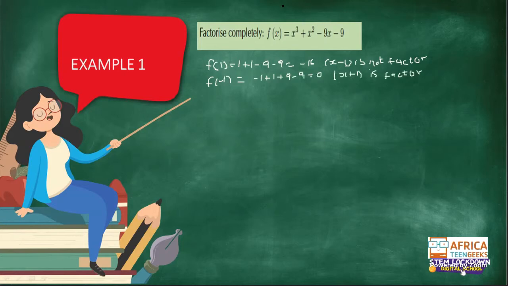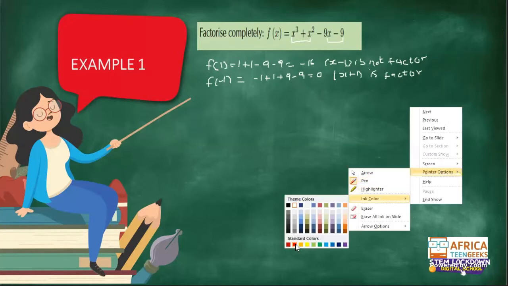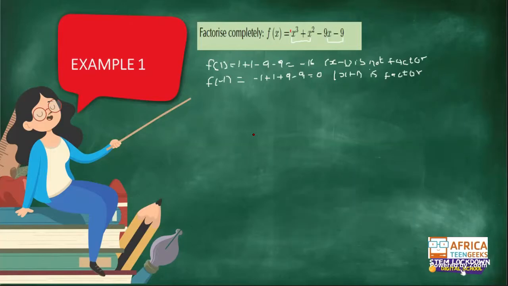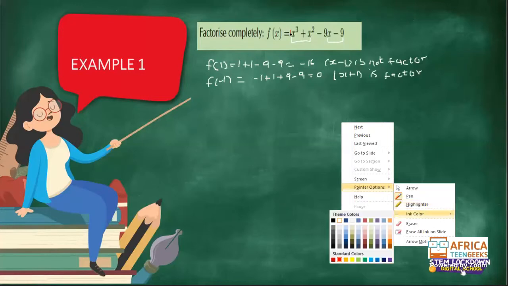If we were to use the grouping method, we would look at the first two terms and the last two terms. Remember the coefficient here is 1. What you'll see is the ratio of 1 and 1.